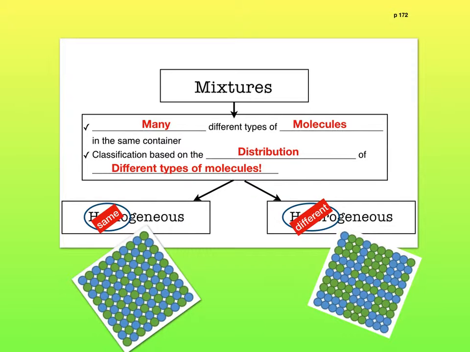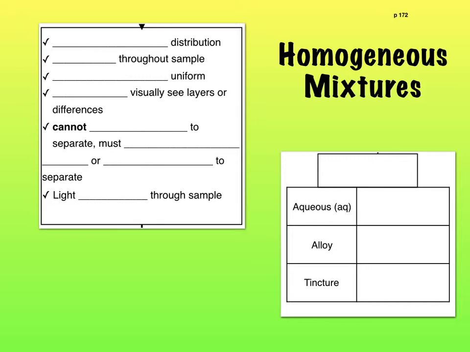Okay, so let's take a little bit deeper look at homogeneous mixture general characteristics. If it's a homogeneous mixture, be able to explain that it has a uniform distribution, meaning the sample looks the same throughout.